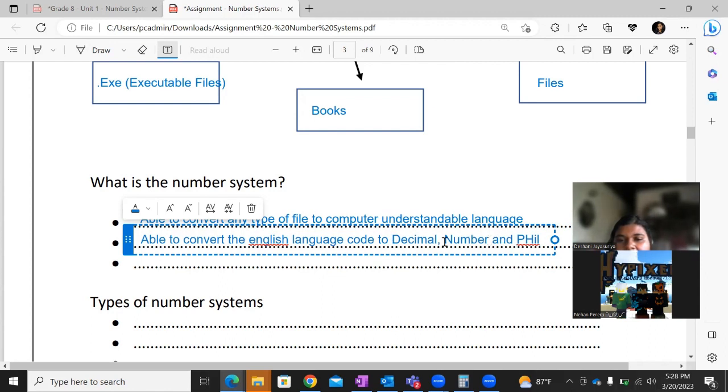Let's see. We have to say binary, any form we are able to convert.